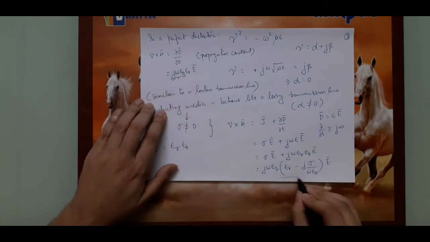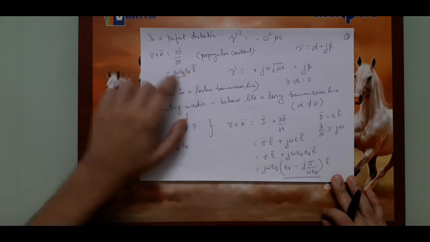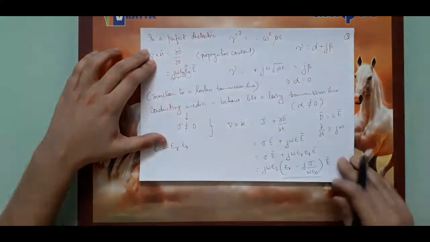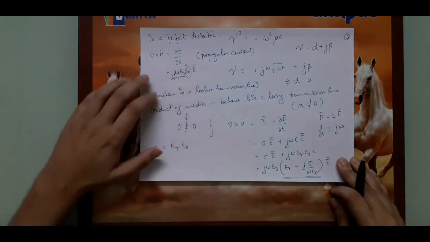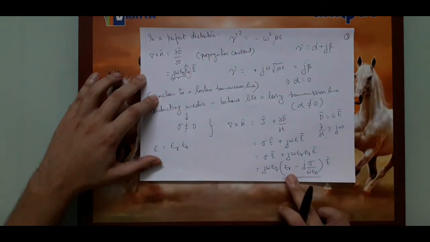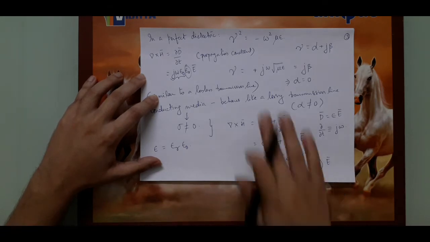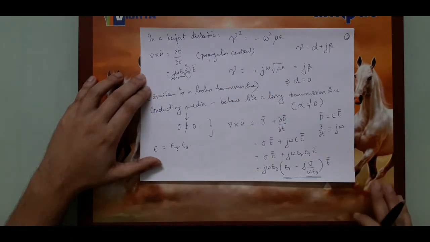So what you see is the effective permittivity of the medium sort of changes. In case of the dielectric, epsilon r was the only measure for the dielectric property. However, the dielectric constant for a medium having some conducting component essentially becomes something like this.